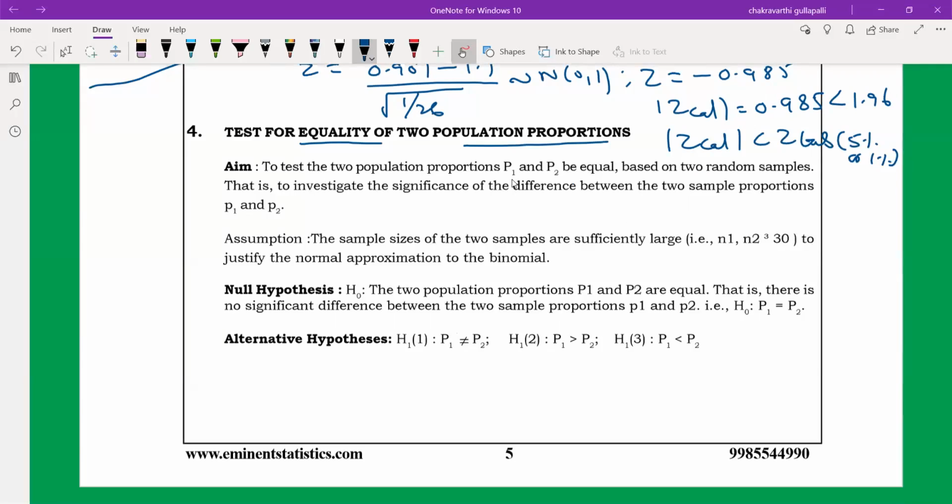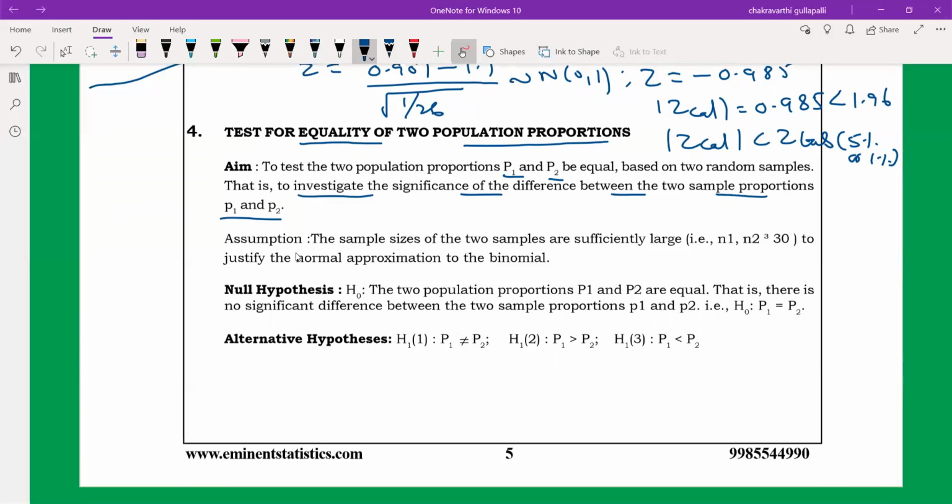To test whether the two population proportions P1, P2 are equal based on two random samples, that is, to investigate the significance of the difference between the two sample proportions p1, p2. Is there any significant difference between p1, p2 drawn from two populations, or two samples drawn from a single population?